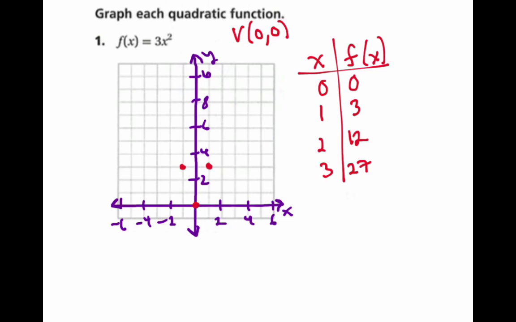I could only get to 1, 3 and negative 1, 3. So when I graph my parabola, I'm not going to cross this 2 because that's going to be way up there. So my parabola is going to be very skinny, and I'll make sure that it doesn't ever cross the lattice line for 2 or the lattice line for negative 2.